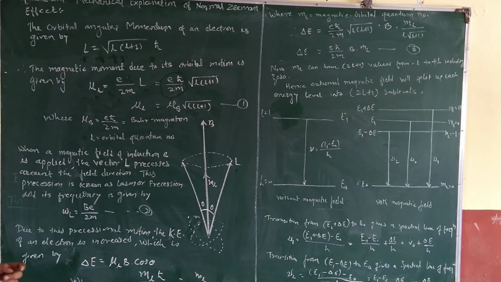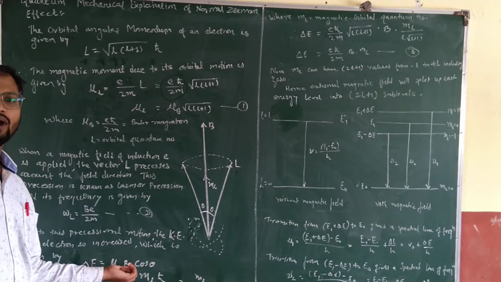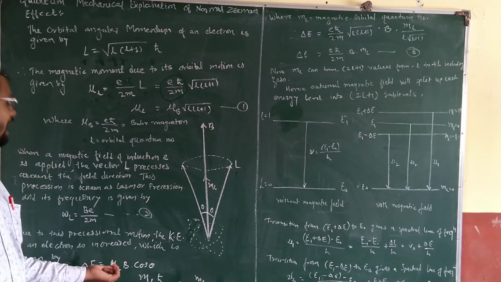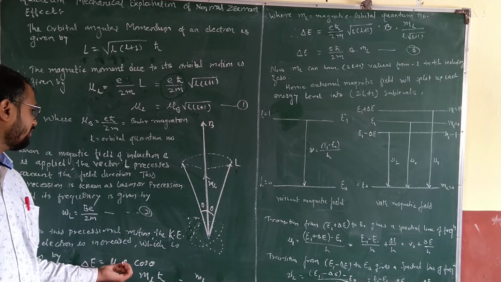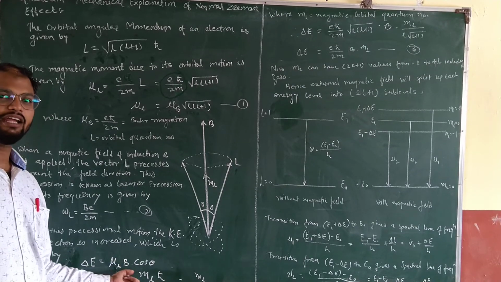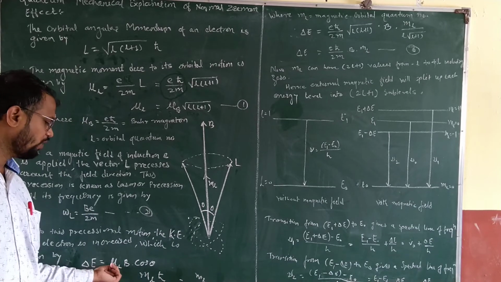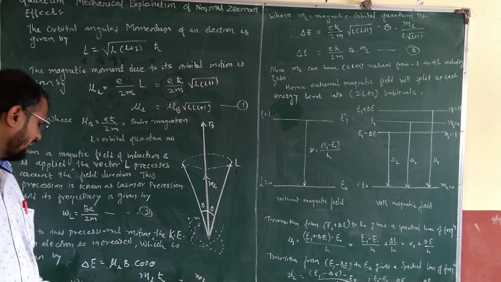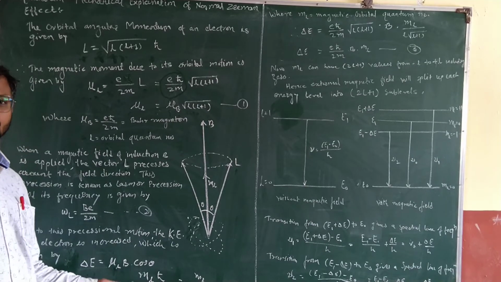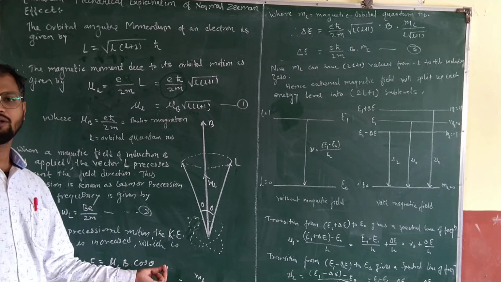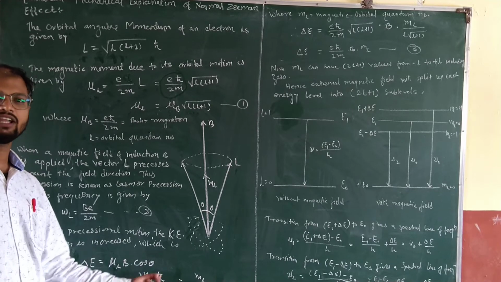This is given by delta E equals mu_L times the magnetic field induction B times cos theta, where theta is the angle. The value of cos theta equals m_l h cross divided by the square root of l(l+1) h cross.